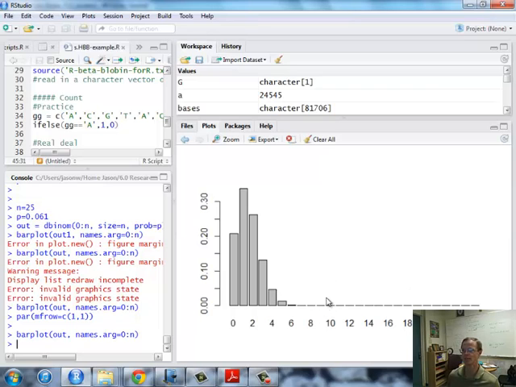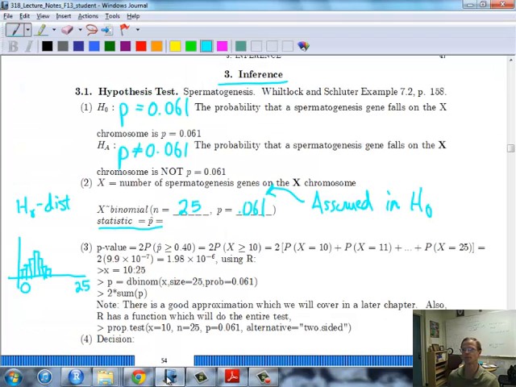And that's the probability that we get 10 or more if this is the true distribution, which is very unlikely. Okay, so just to depict that over here, we'll go ahead and we'll put a 10 here. And that will be our p-value. That's that little tiny tail right here. Okay, p-value.